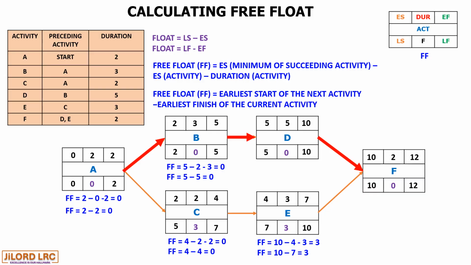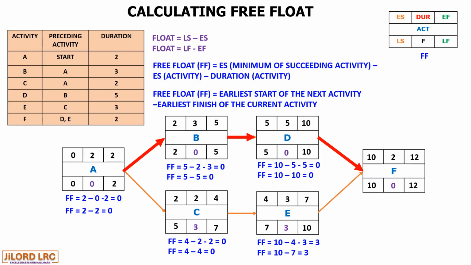Now let's look at activity D. The succeeding activity is F with an early start of 10 minus the early start of D 5 minus the duration 5, giving us 0. And the second formula is the early start of the next activity, which is 10, minus the early finish of the current activity, which is also 10. And this also gives us 0.